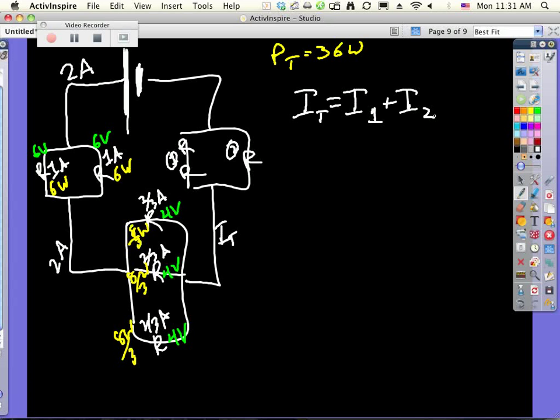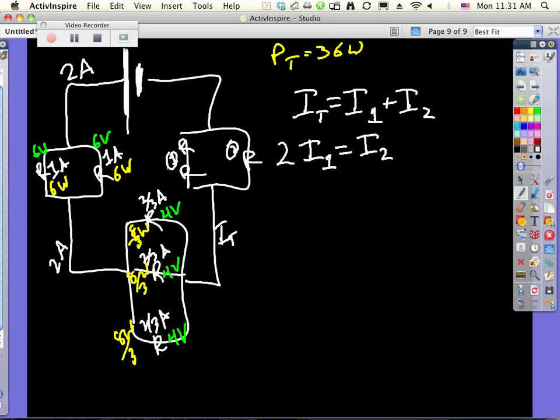Now, what do we know? We know that 2 times I1 should equal I2. The current in I2 should be twice as big as that one because the resistance is half as much. If you have double the resistance to current, you'll have half as much current.